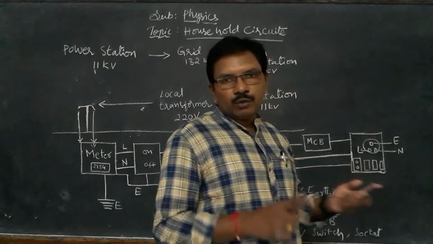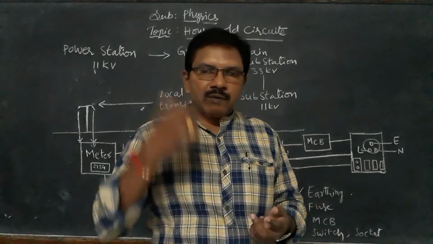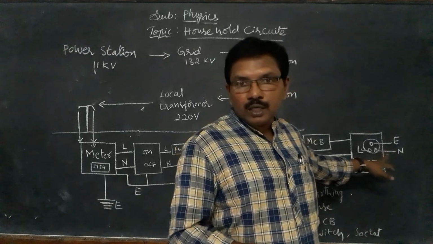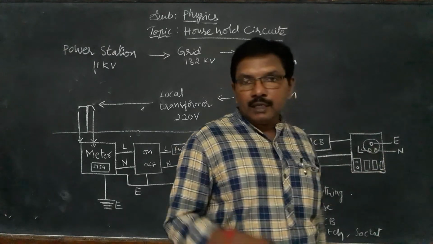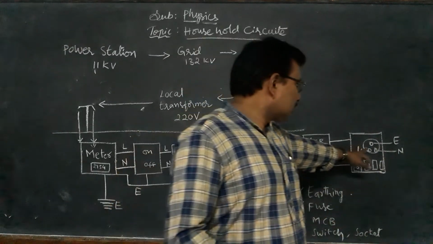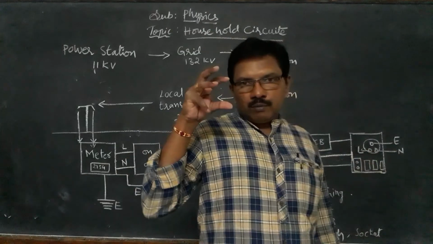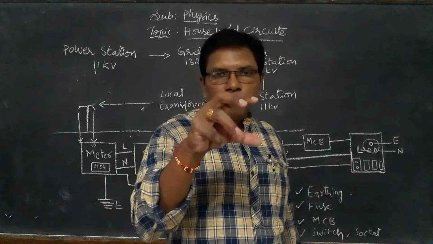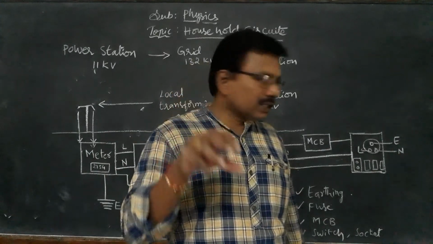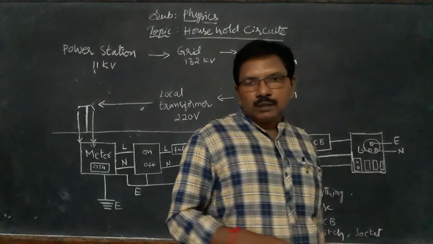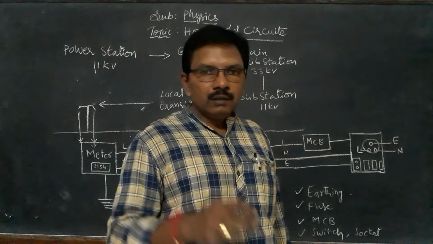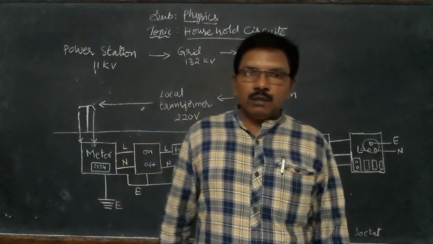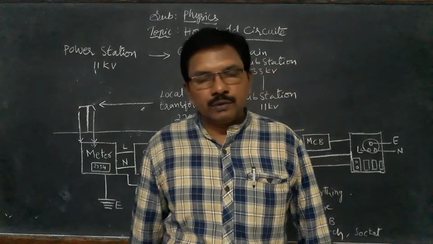The 2 holes are only for neutral and live wire, just for fan and bulb. The bodies we touch, like fridge, cooler, washing machine, must have 3-hole sockets. The appliance connects through the plug that we put in that socket, either a 3-pin plug or a 2-pin plug. That's all about the household circuit. Thank you for watching.